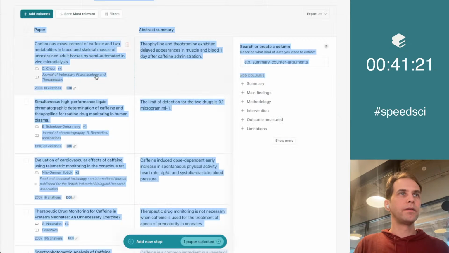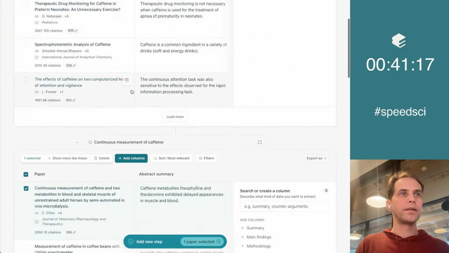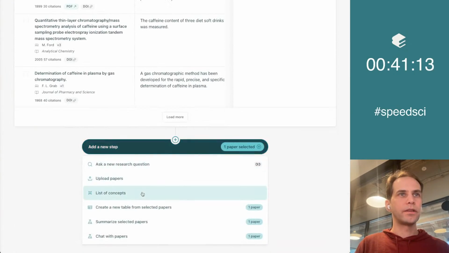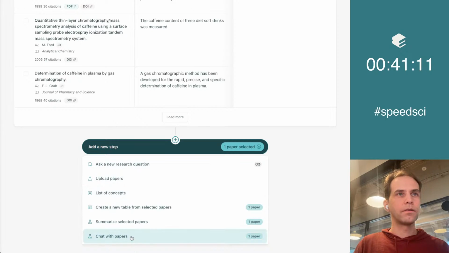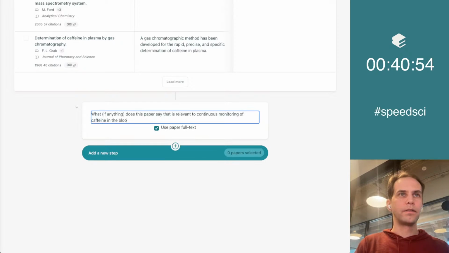Actually, maybe we can do this even more quickly by instead using the chat with papers functionality and ask what, if anything, does this paper say that is relevant to continuous monitoring of caffeine in the blood of humans.